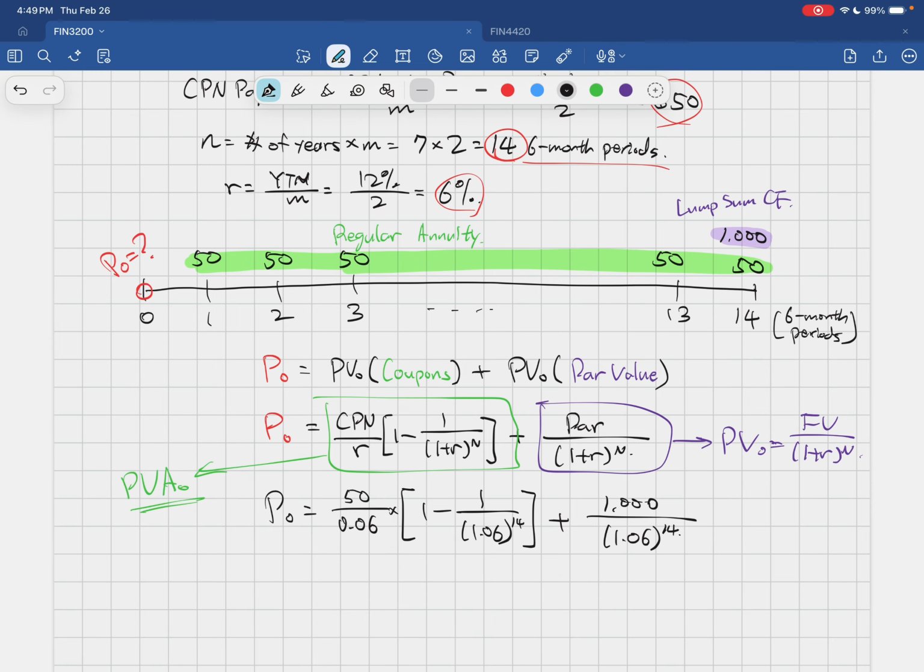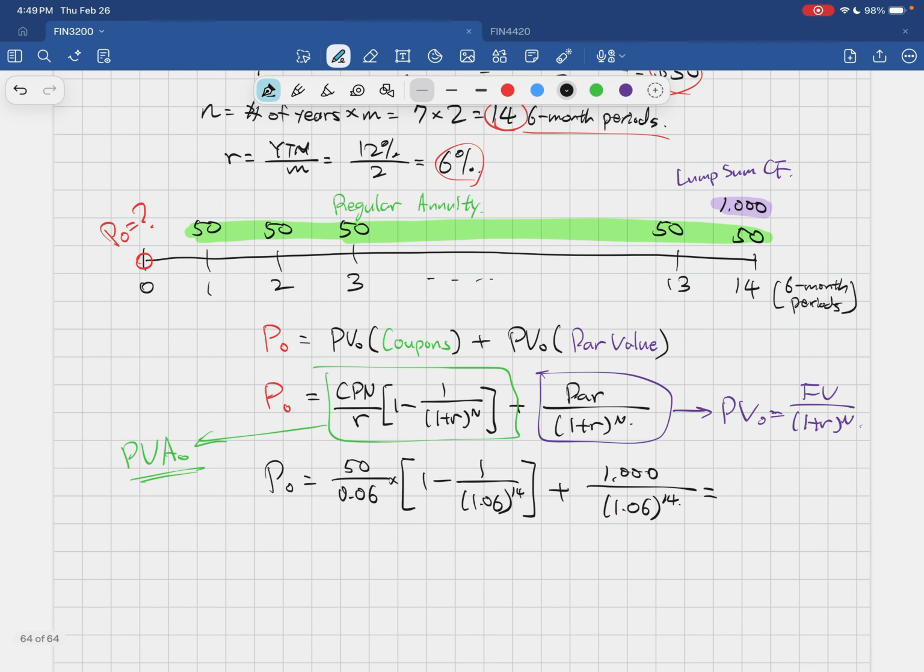The cash flow of $1,000 occurs in period 14, and we want to go back to time 0. So there are 14 discounting periods. Okay. That gives us $907.05.